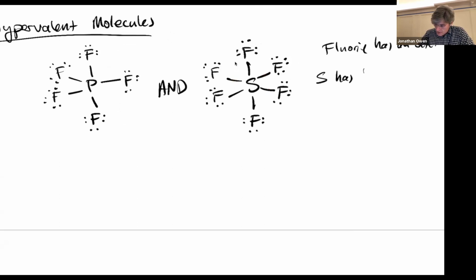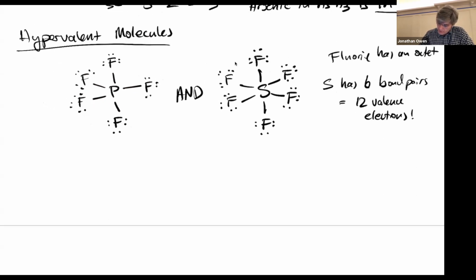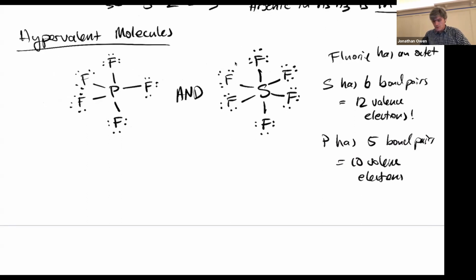Sulfur has 6 bond pairs, equals 12 valence electrons. Phosphorus over here, same story. You have 5 bond pairs and 10 valence electrons.